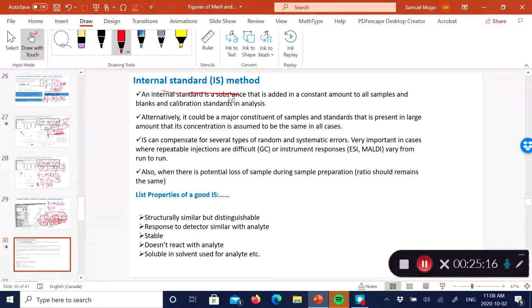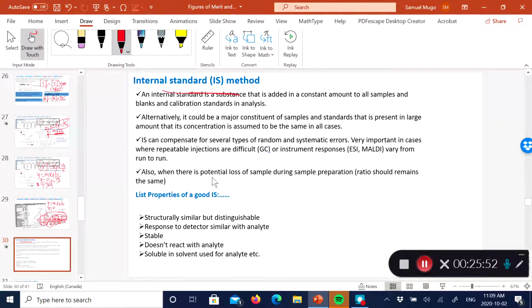Now, it's also meant to correct for sample preparation irreproducibility. Meaning, you take a sample and you take it through different sets of steps, like what you guys did with the iron lab. You would take the sample and react it with bipyridine to get a complex, and you did a series of dilutions. Remember, it's possible to have lost a little bit of your sample due to your analyte adsorbing onto the volumetric flask.